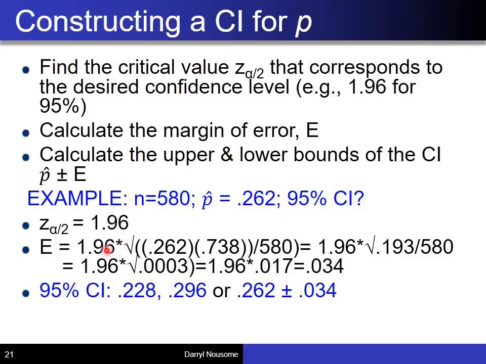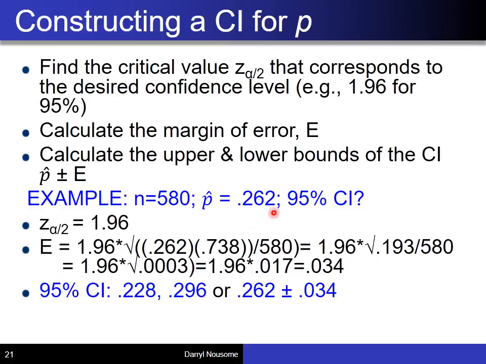So here's the formula from before, where we use z alpha over 2 times the square root of p hat times q hat over n. And that is given here as 0.034. Then we just plus or minus that margin of error, as shown here. That's the calculation, and that gives 0.228 to 0.296.